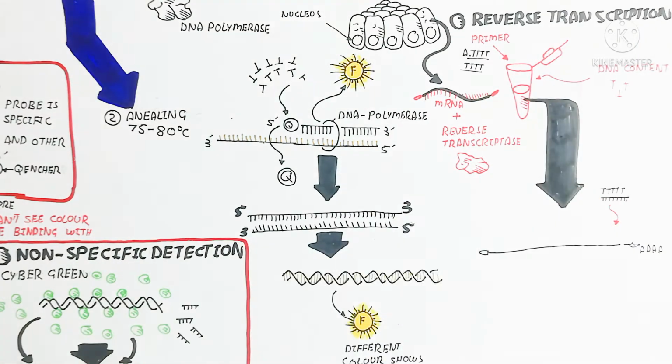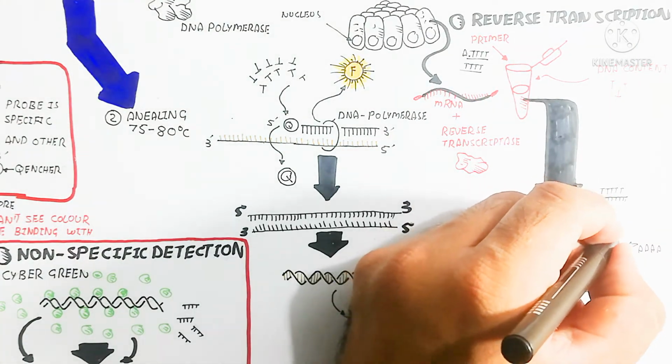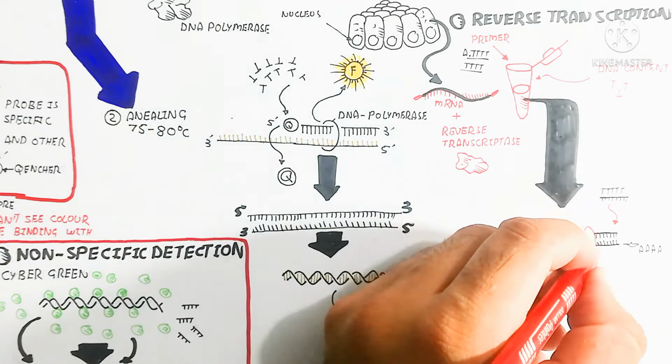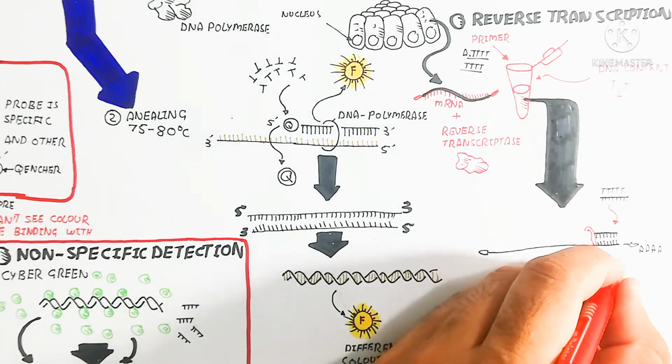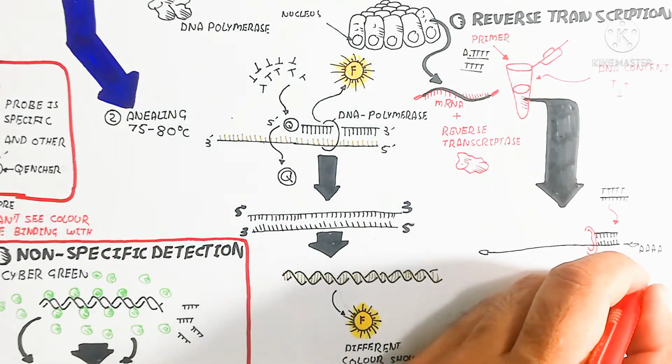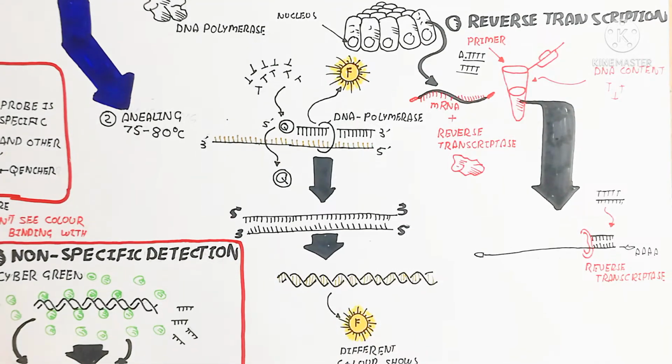The poly A tail AAAA on the mRNA binds to the TTT of the primer, and the reverse transcriptase enzyme carries out reverse transcription.